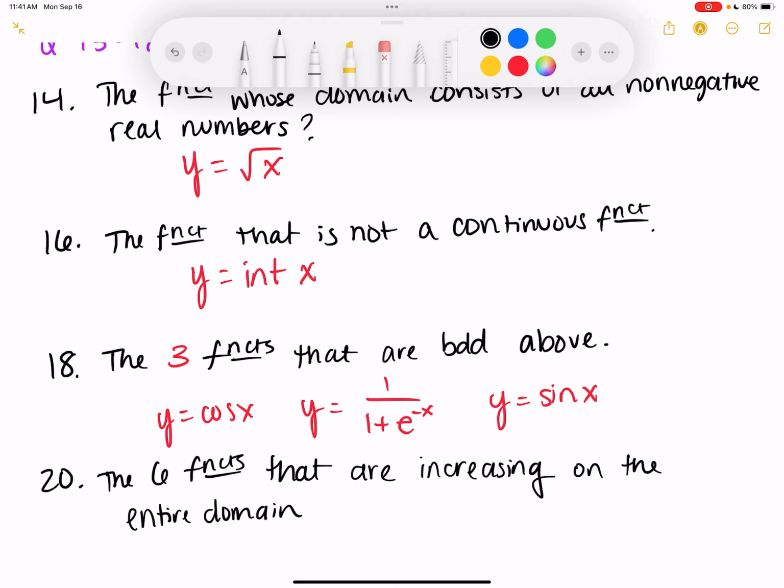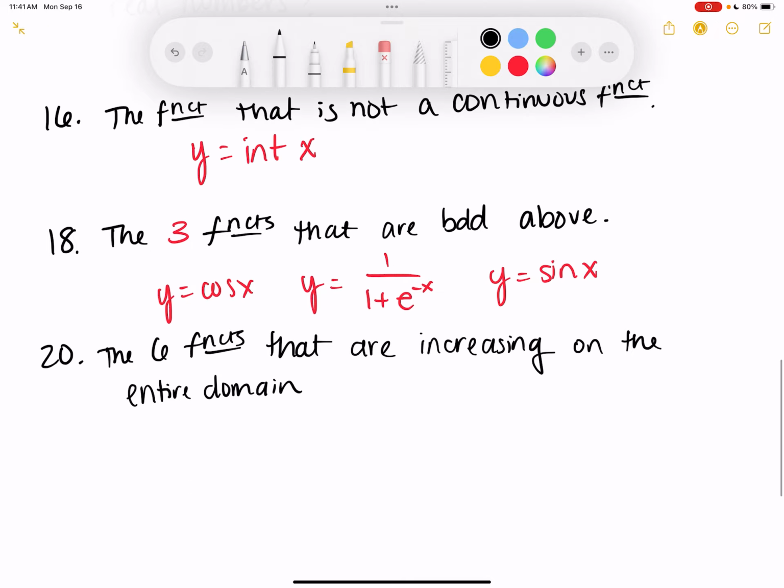Absolute value. No. Y equals e to the x. Y equals e to the x is 1. Y equals x cubed.